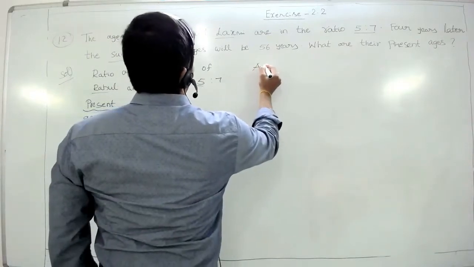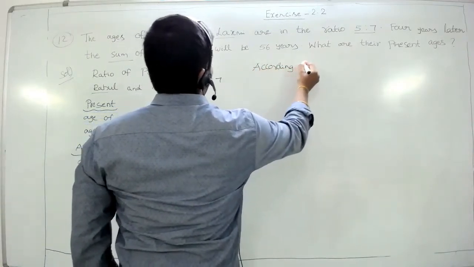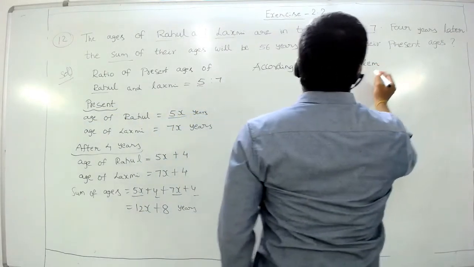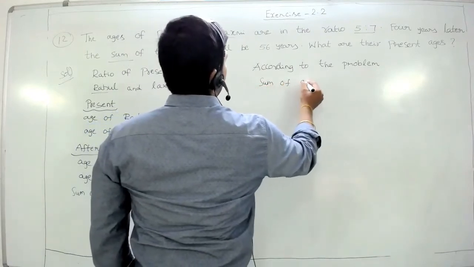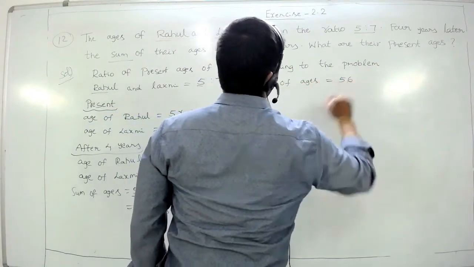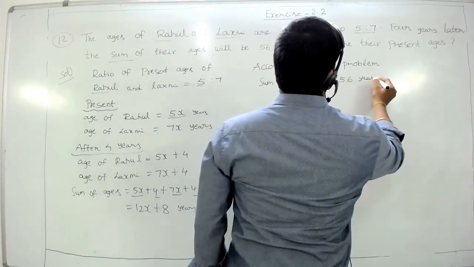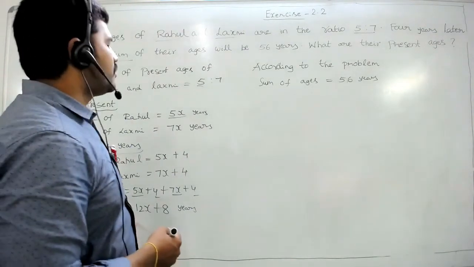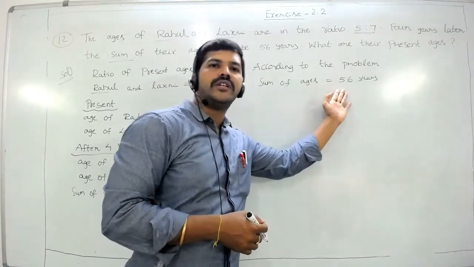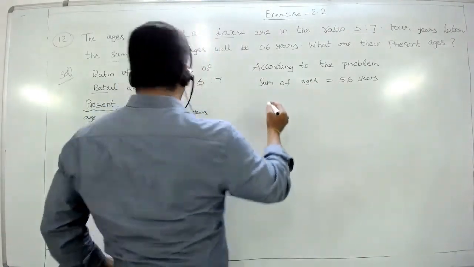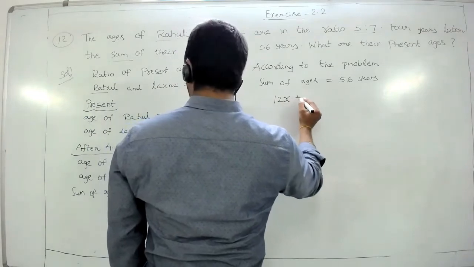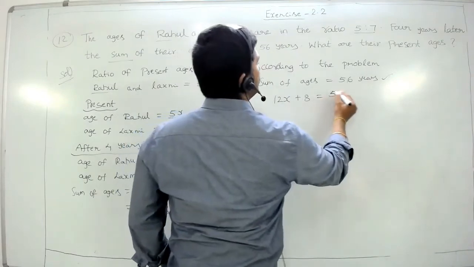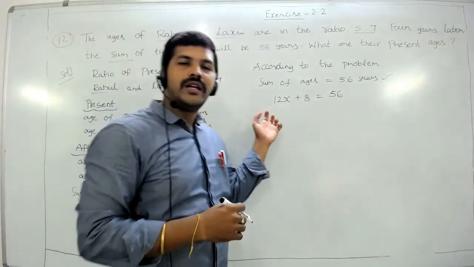According to the problem, sum of ages is given as 56 years. Now, this is sum of ages after 4 years. This is also sum of ages after 4 years. Now, shall we equate? Yes. So that is 12x plus 8 is equals to 56. Right. So we found a simple equation.